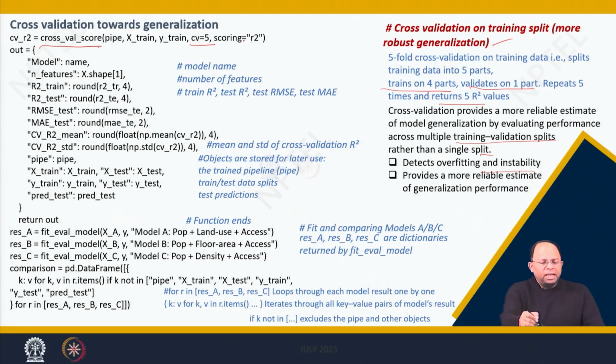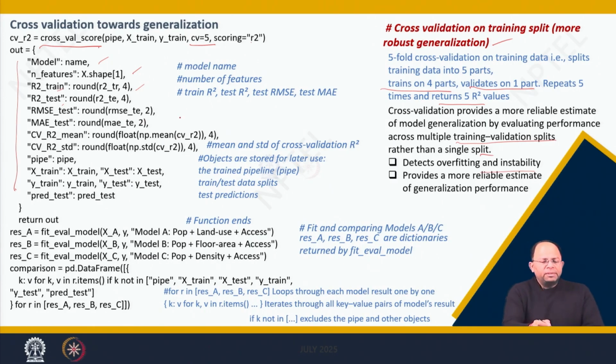Once we have finalized this, we are storing all of this: the model name, the shape, the R-square value for both train and test, rounding to 4 decimal points, and the RMSE values.